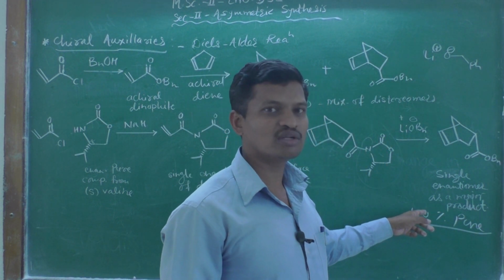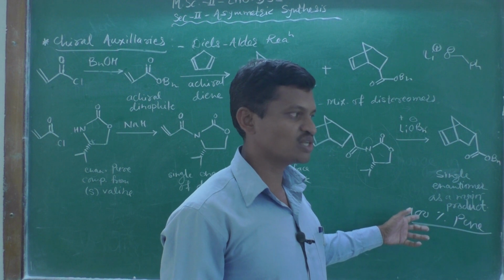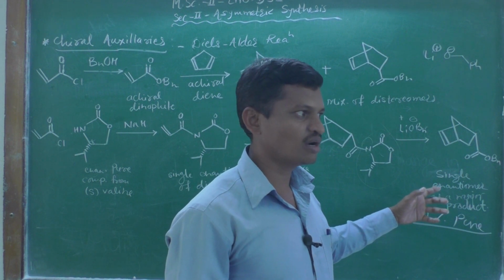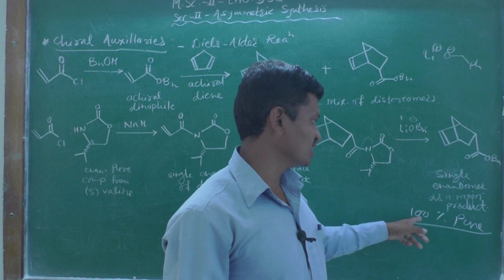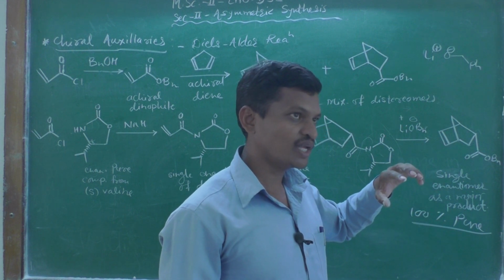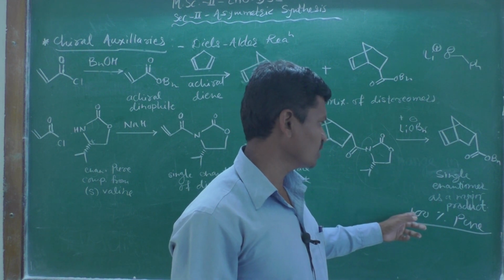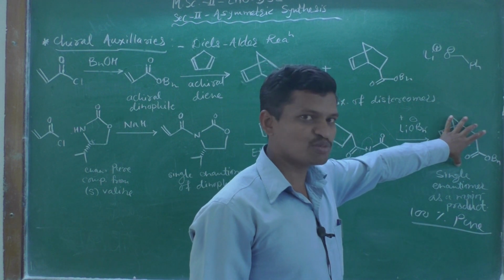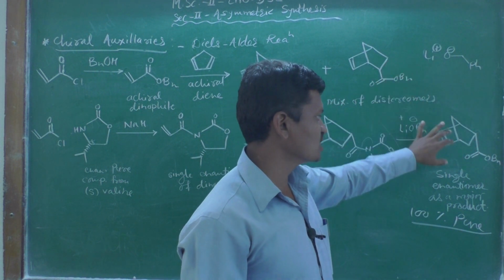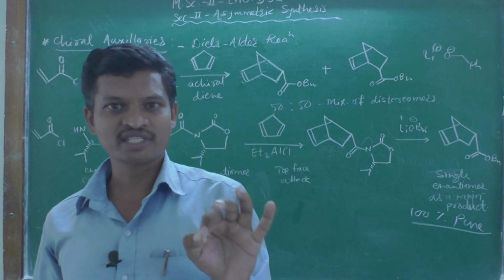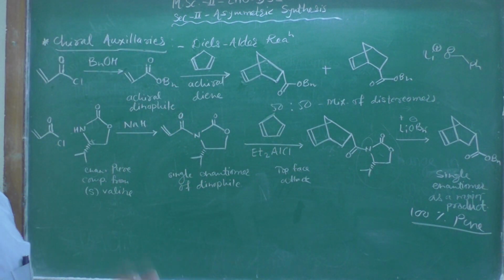This percent is not concerned with the yield; mind well, it is concerned with the enantiomeric purity. Only this product is possible, not this product. So only a single enantiomer can be synthesized by using this chiral auxiliary strategy.